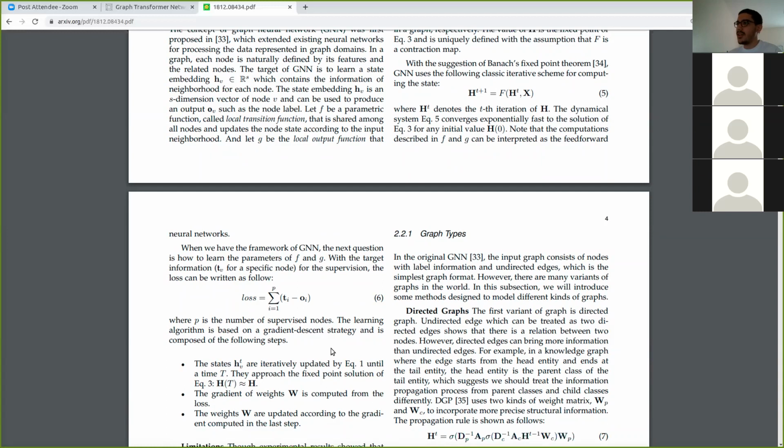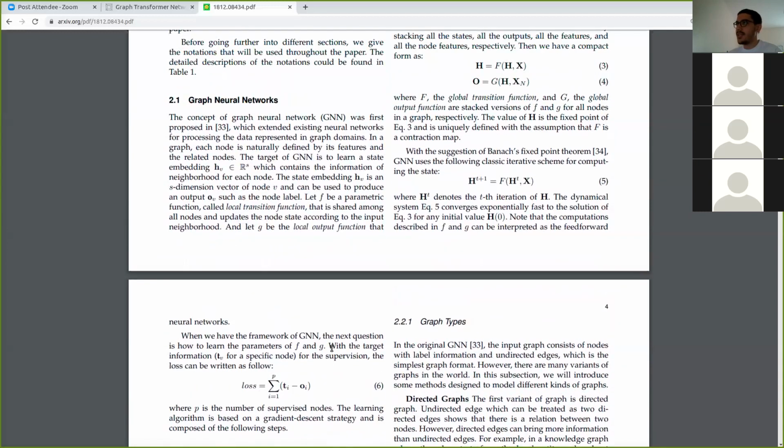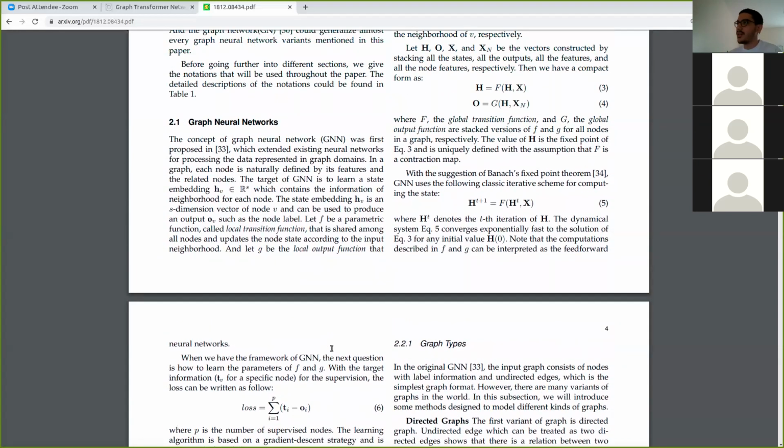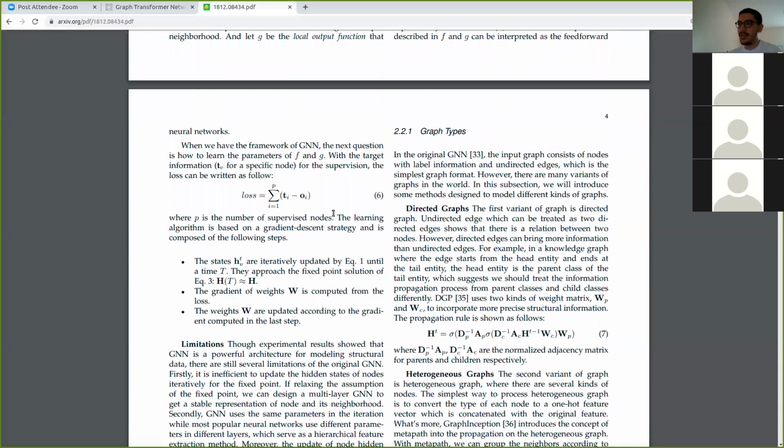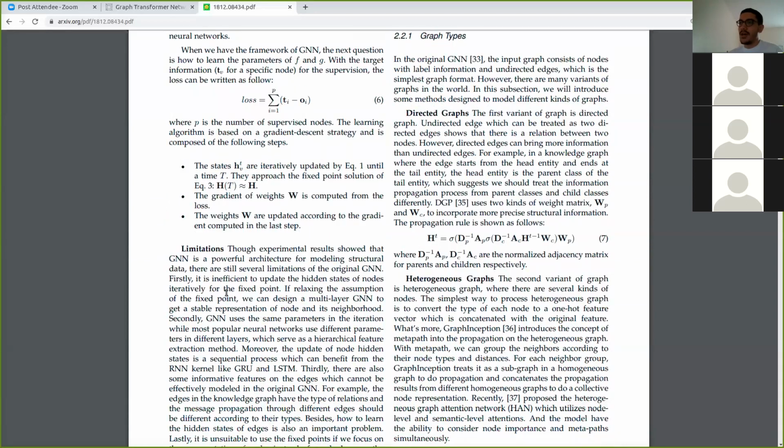So I think that's all I wanted to say about the original GNN. Oh, there is another point about the state embedding being a fixed point. This assumption is discussed in the limitations section here.